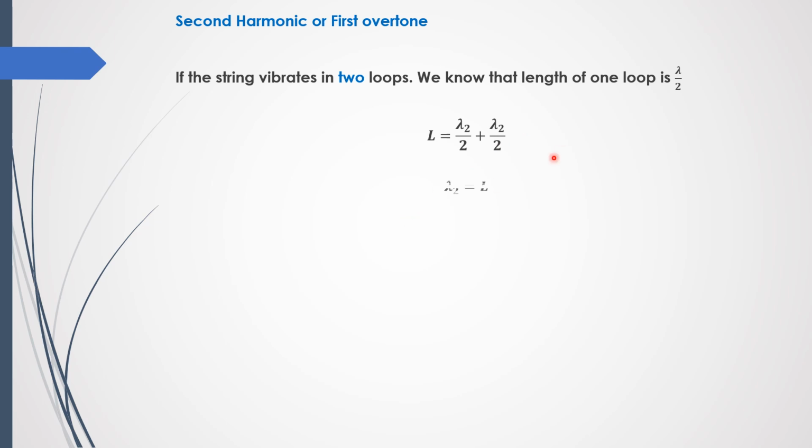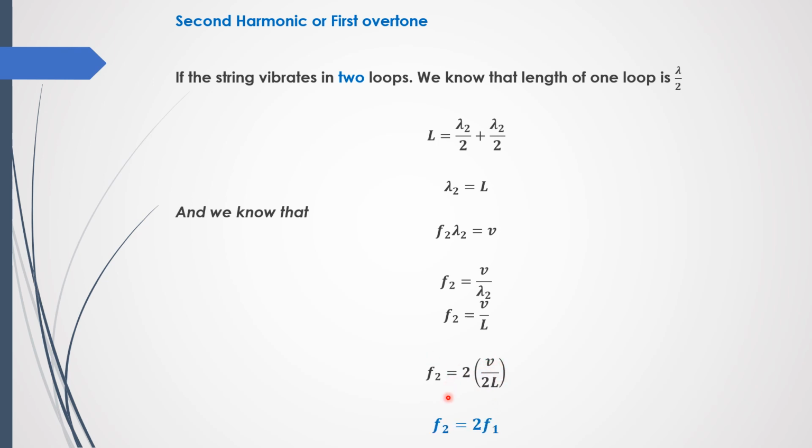So L is equal to lambda 2, and f2 lambda 2 will be equal to v, and f2 will be equal to v upon lambda 2, or f2 will be equal to v upon L. Now I'm just going to find f2 in terms of f1. For that I multiply the equation by 2 and divide it by 2. So v upon 2L is equal to f1, so f2 is equal to 2f1.